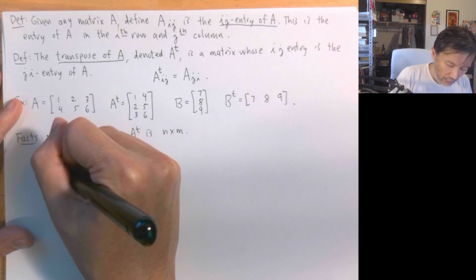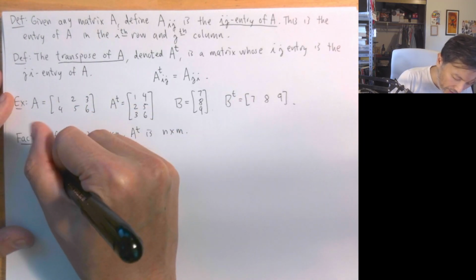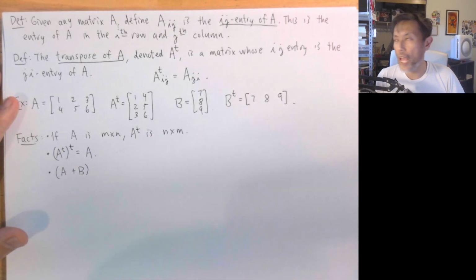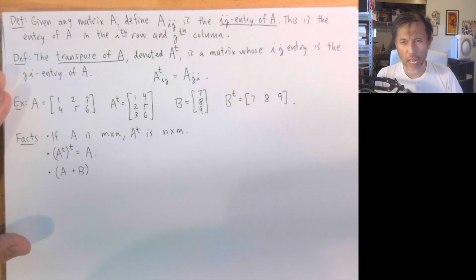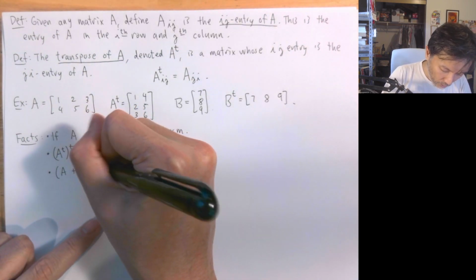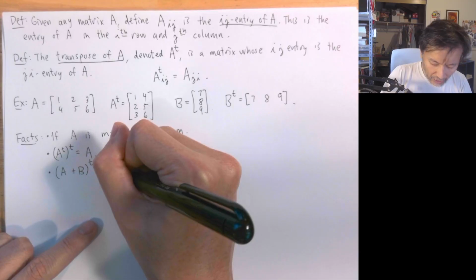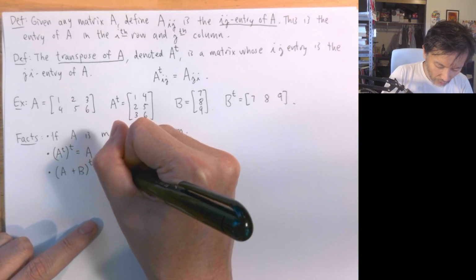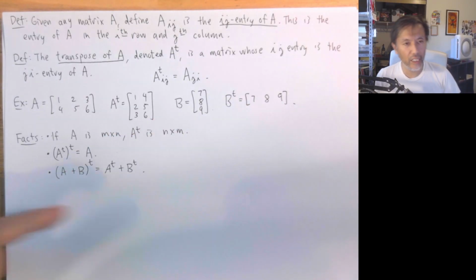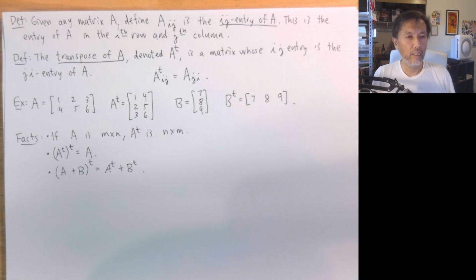Another fact that's pretty easy to see is that if you take the sum of two matrices, both of which are m by n, so that you can take their sum, then the transpose of the sum is the sum of the transposes, A transpose plus B transpose. That's fine.